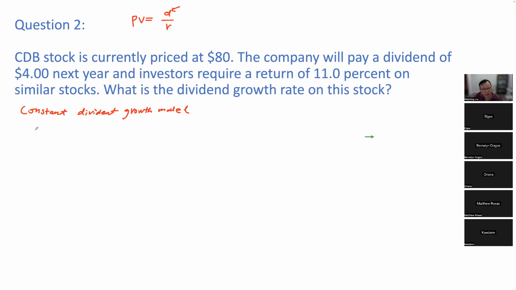So what is the adjustment? The adjustment is your present value, P0, equals your dividend payment in the next year divided by R, but not just R. It is modified by the growth rate, so R minus G, okay?